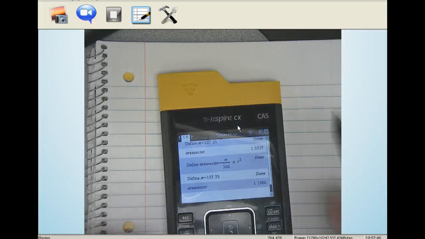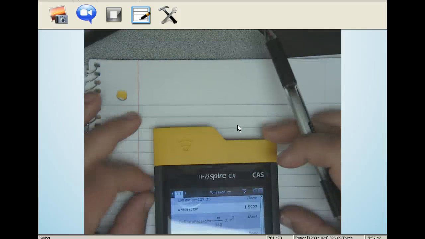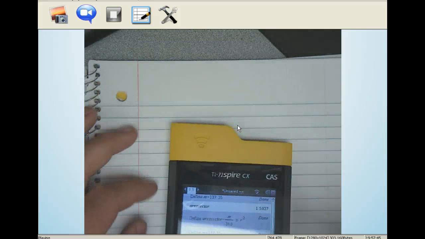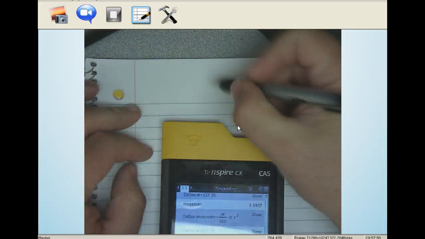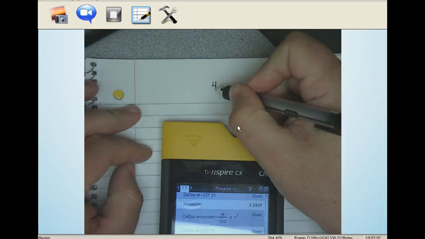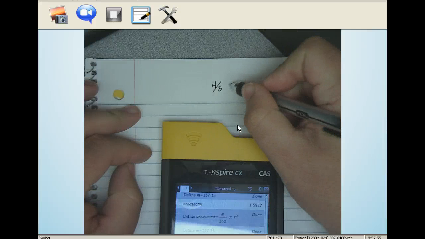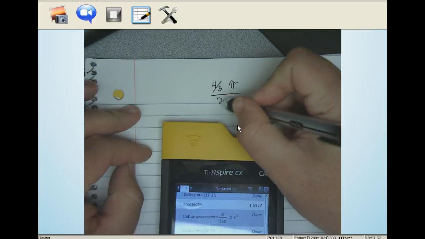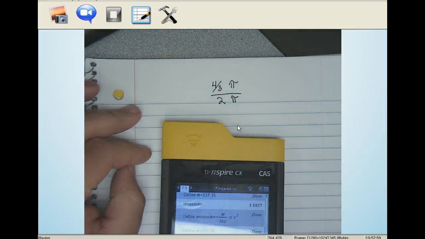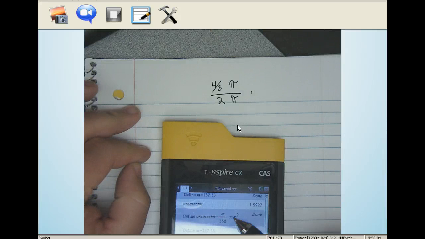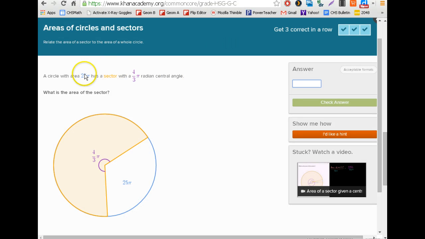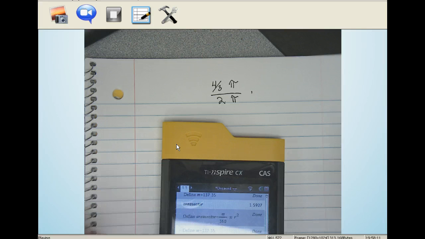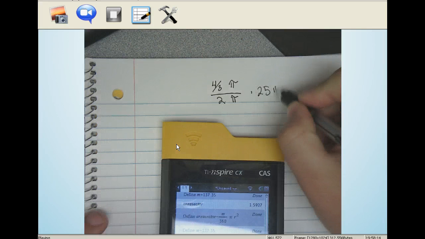Instead of writing m over 360, I'm going to write 4/3 pi over 2 pi, right? Times, and instead of writing pi r squared, because that's the formula for the area, we were given the area was 25 pi, so it's going to be times 25 pi.